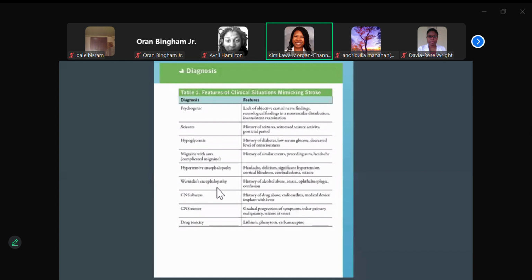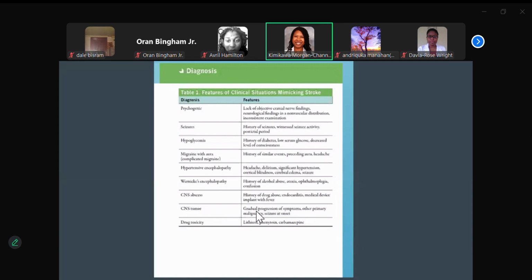Wernicke's encephalopathy. Someone had mentioned alcohol intoxication. It's more, they have the ataxia, the ophthalmoplegia, and it is Wernicke's encephalopathy for that kind of patient with alcohol on board. CNS abscess you guys mentioned, CNS infection with toxo, CNS tumors.